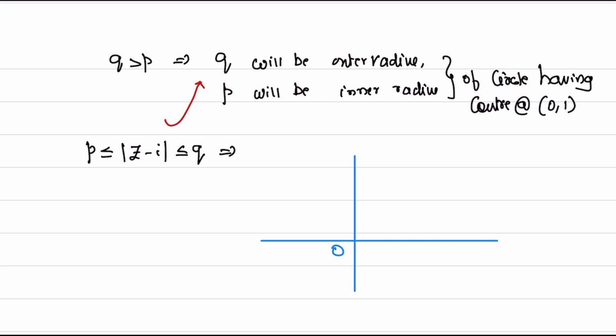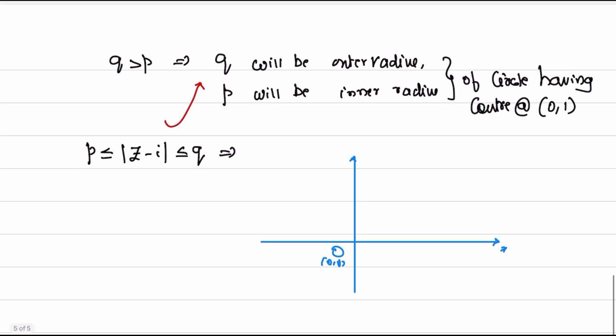This is O, (0, 0). This is X, this is imaginary. My center is here at (0, 1), where x is 0 and y is 1.